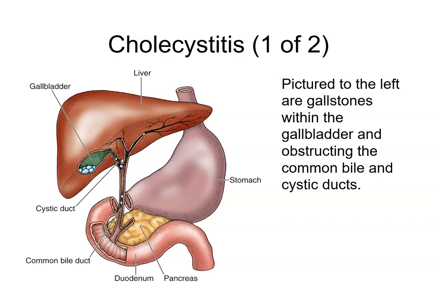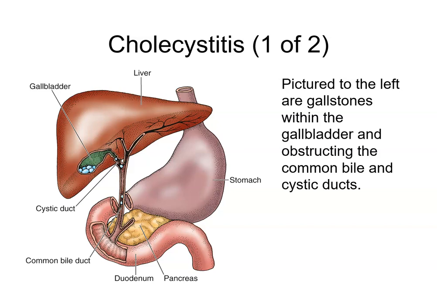And instead of it draining through that bile duct on into the small intestines, it is obstructed in some way. So patients that have gallbladder problems will oftentimes have liver problems because of the obstruction of both of those coming down the bile duct.